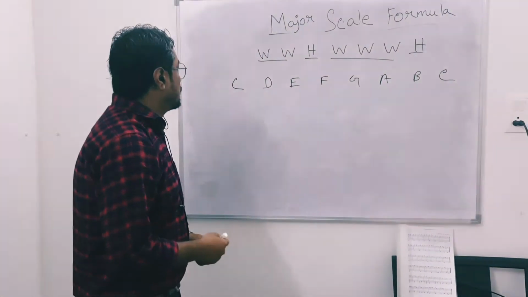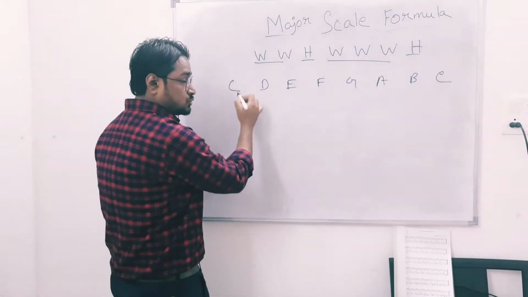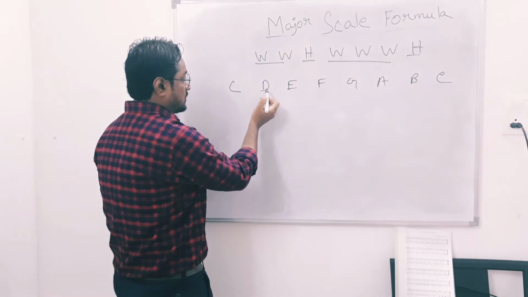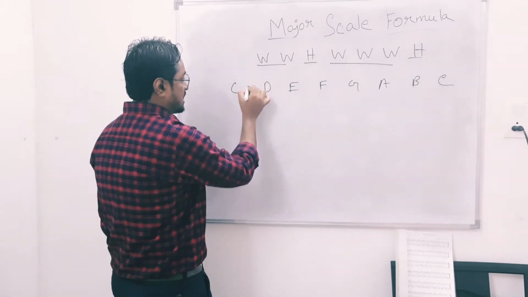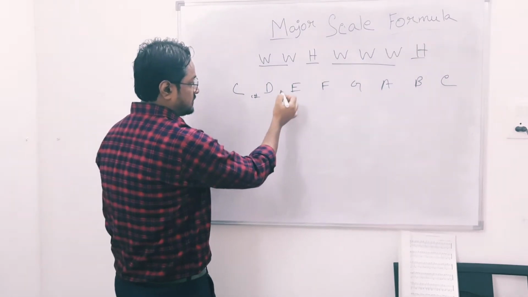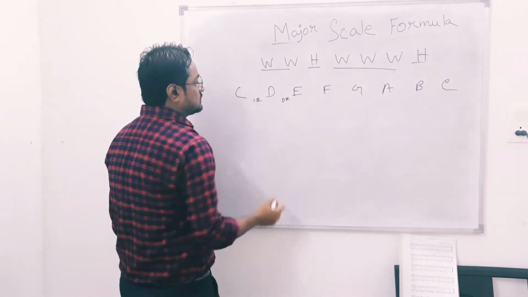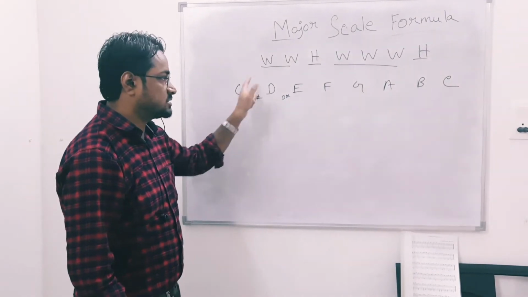We have one note in between C and D, which is C sharp, and between D and E we have D sharp.